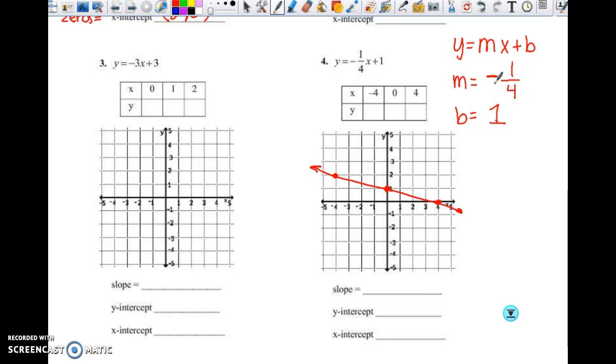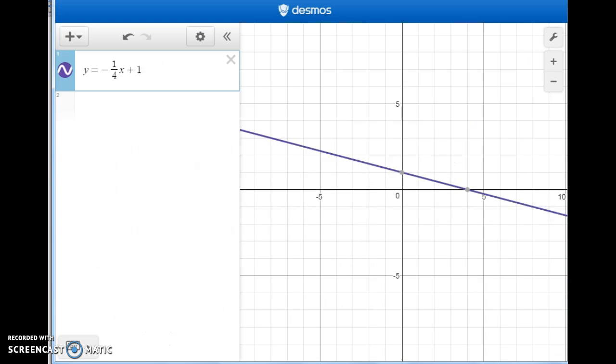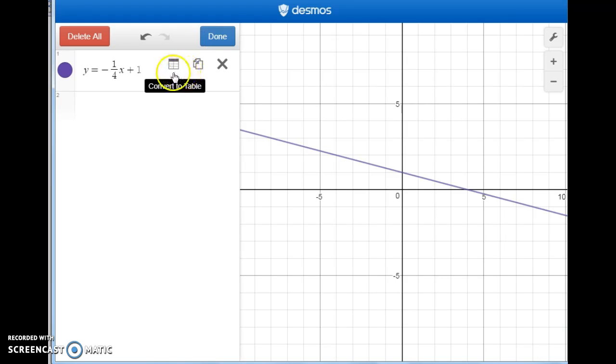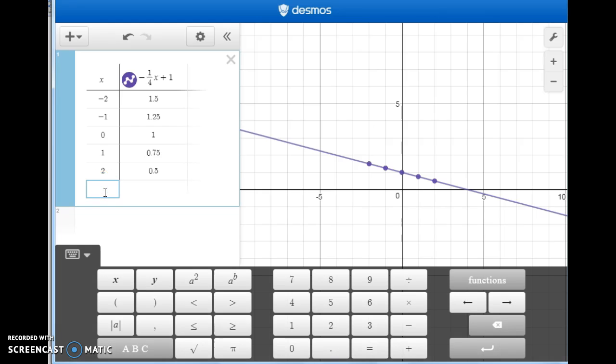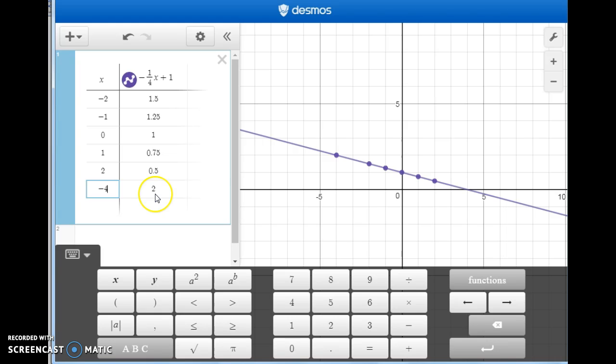Now we have to complete the table, so I need to know when my x is negative 4, what's my y? When my x is 0, what's my y? And 4. On Desmos, if you click this little gear, it'll pull up these two options, do convert to table. Now we're looking at the table. It doesn't give me negative 4 or 4, but you can still type it in. When x is negative 4, what is y?